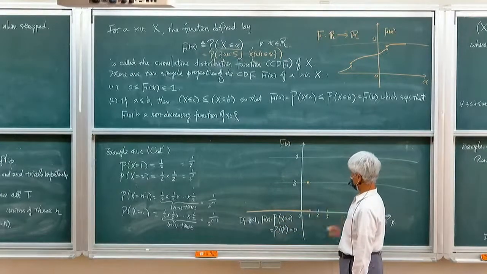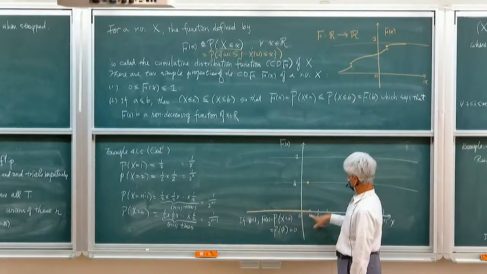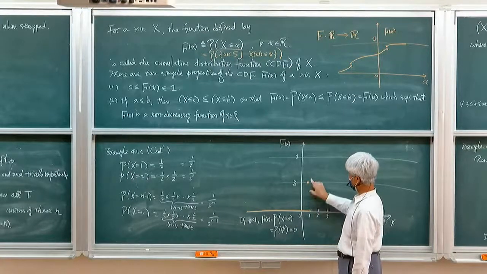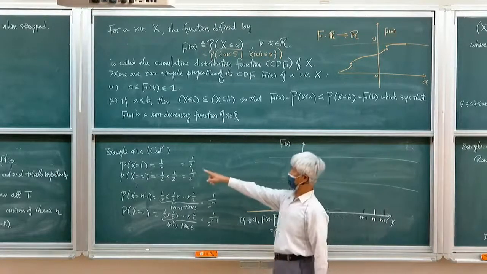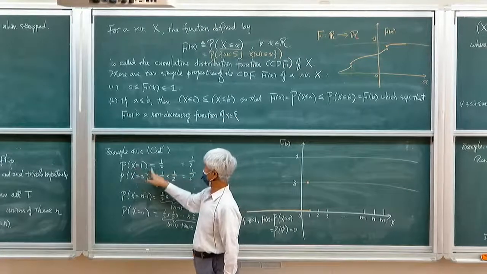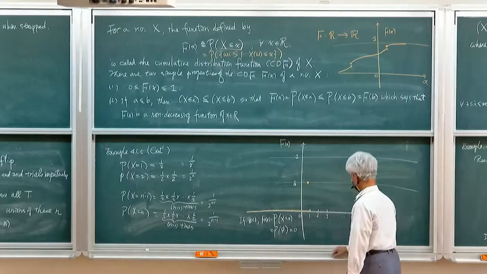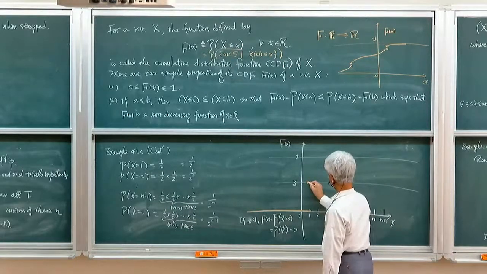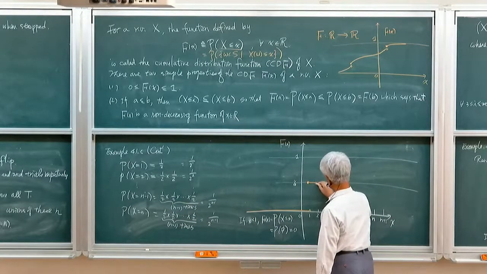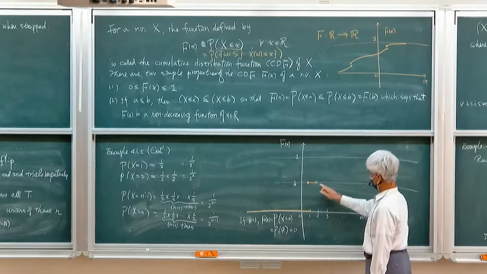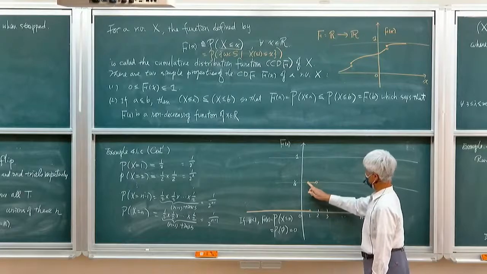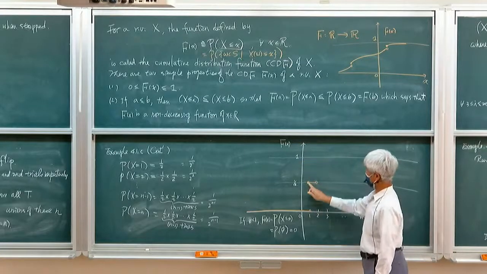But at 1, there is a jump. The reason is that when X equals 1, you have half probability. So you get that. And then up to 2, and before 2, the CDF will remain constant.